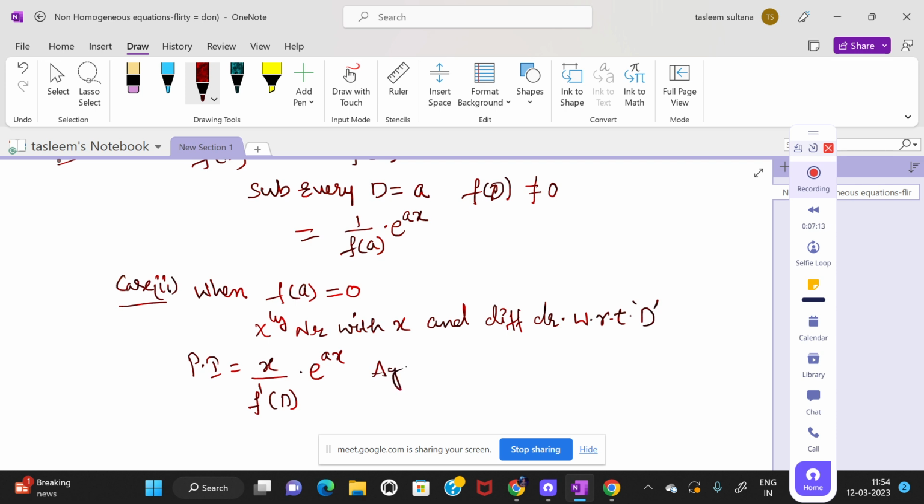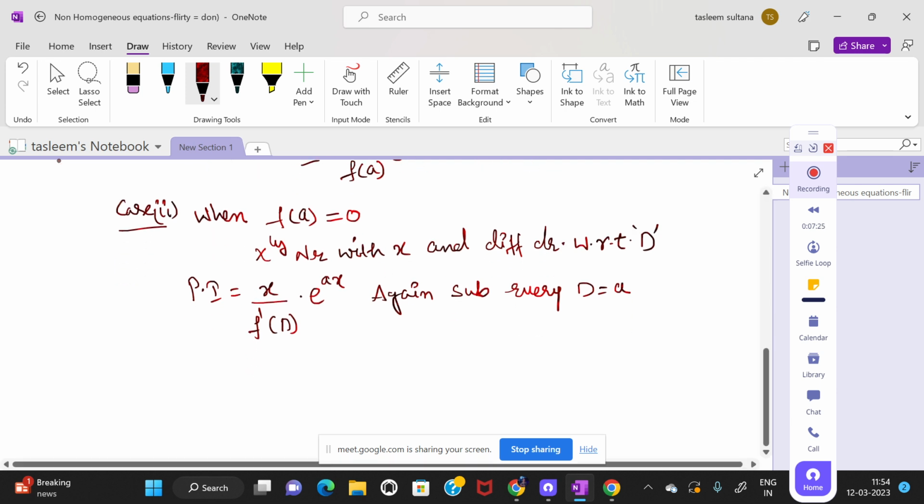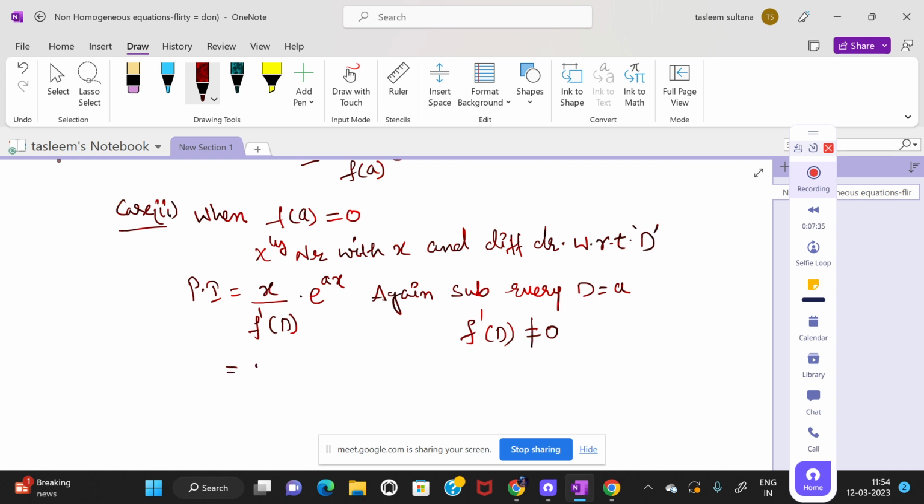Again you substitute every D equals a, and check that f dash of D is not equal to 0. That is x divided by f dash of a into e to the power of ax.